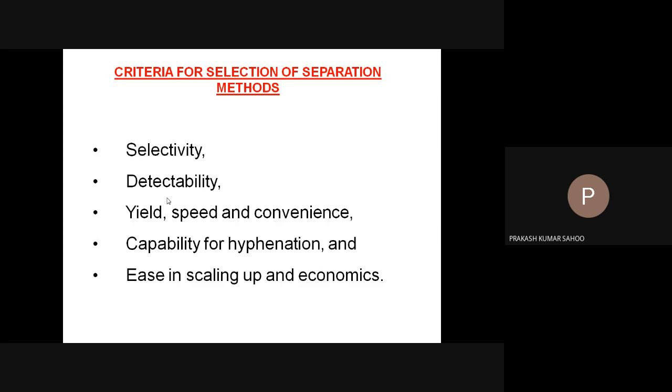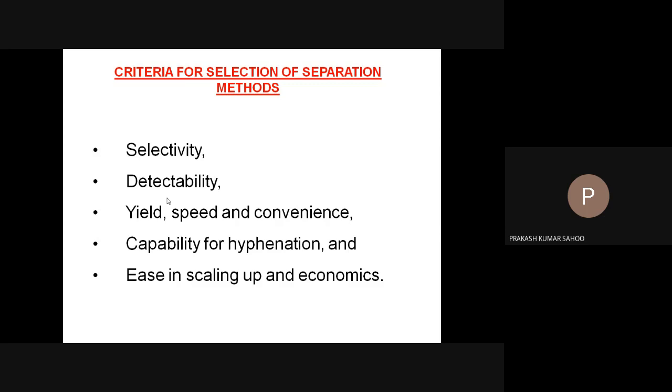Let me read the paragraph. It has been repeatedly pointed out that one of the main roles of separation technology is the synthesis part, which is the recovery of purified product. Therefore, the separation method should not remain unnecessarily confined to bench scale.